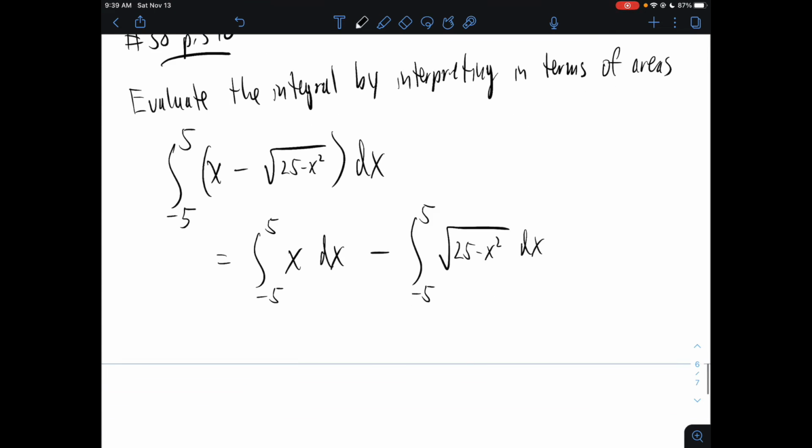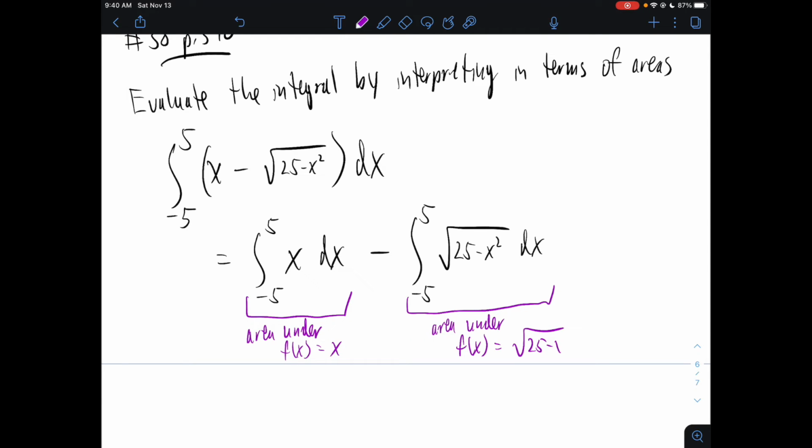So how do we want to interpret this? This is the area under f of x equal x, and the other one is the area under f of x equal the square root of 25 minus x squared.